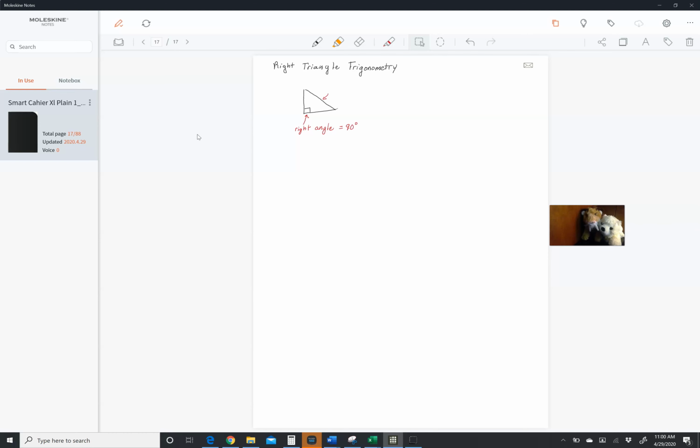This side is the hypotenuse, which is the longest side. The hypotenuse only exists in a right triangle. You don't have a hypotenuse in any other type of triangle. The hypotenuse is always opposite the right angle, and it's the longest side of a right triangle.